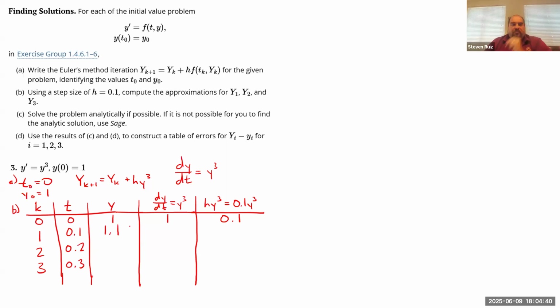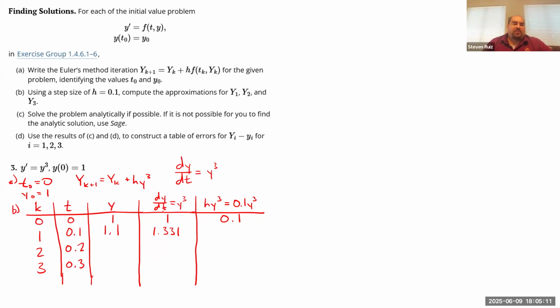So now we begin the cycle anew. If y is equal to 1.1, then what is dy dt? Well, that's equal to whatever 1.1 cubed is, which I don't know off the top of my head. So 1.1 raised to the third power is 1.331. So that's my change in y as t changes.